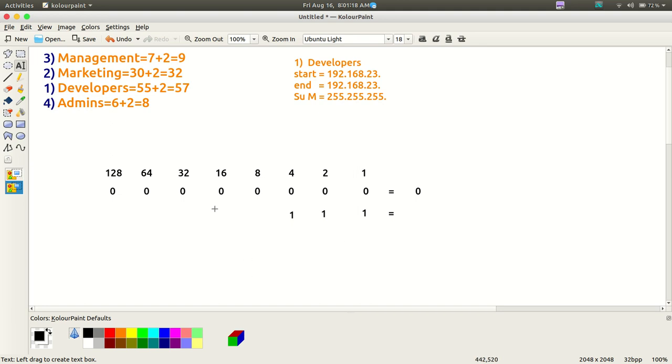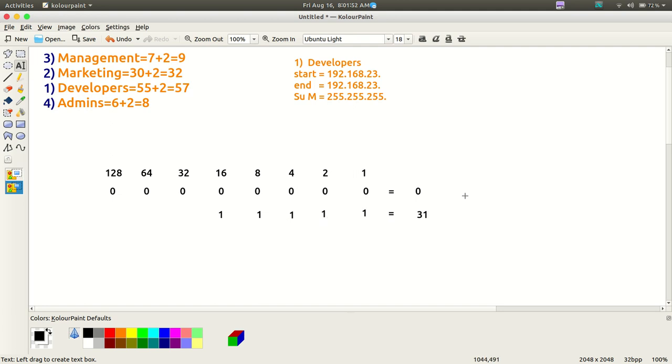Like let's say this time I am going to increase these 2 bits. If I increase these 2 bits, my value here will be 16 plus 8, 24, 24 plus 4, 28, 28 plus 2, 30 and 1, 31.